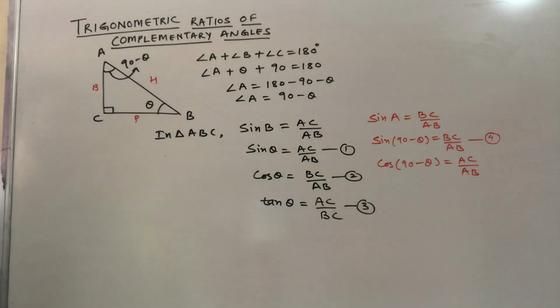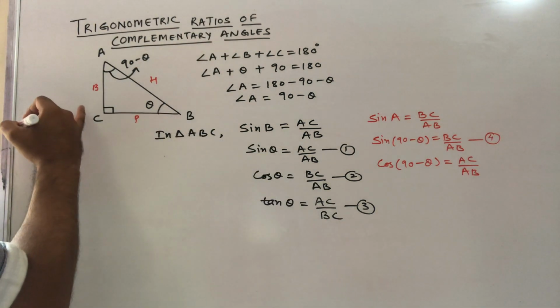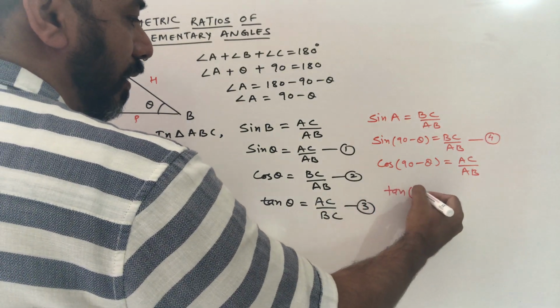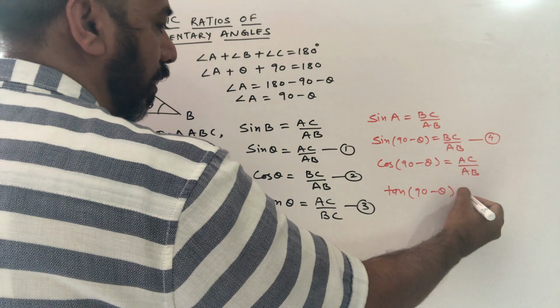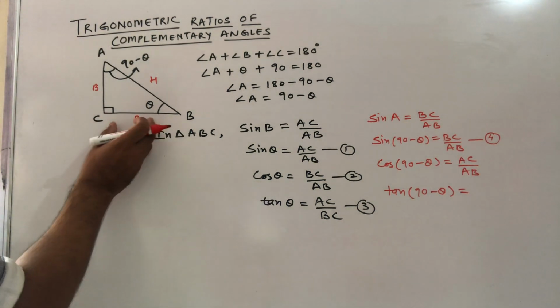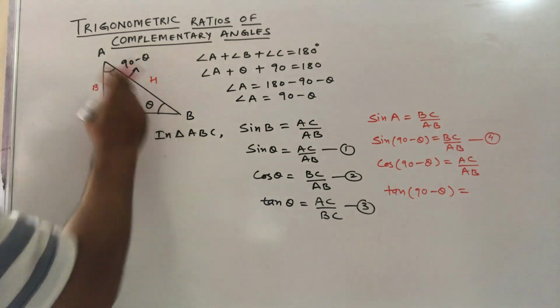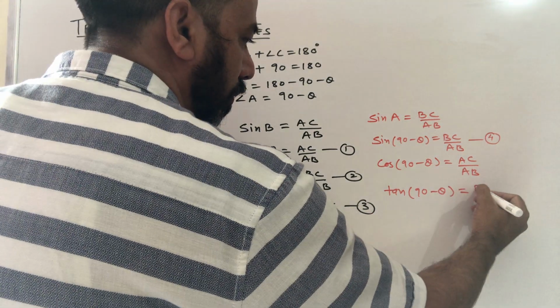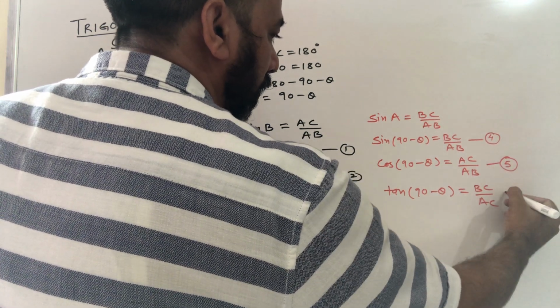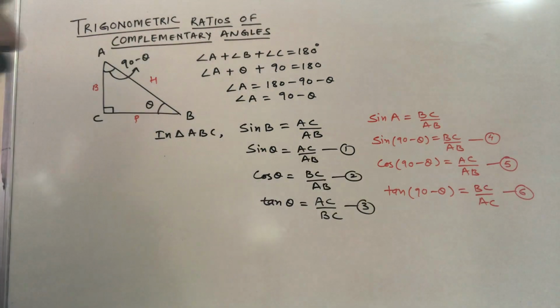And similarly, if I take out the value of tan 90 minus theta. So what is the value of tan 90 minus theta? Tan is again perpendicular upon base, BC upon AC. So this is equation number 5, and this is equation number 6.